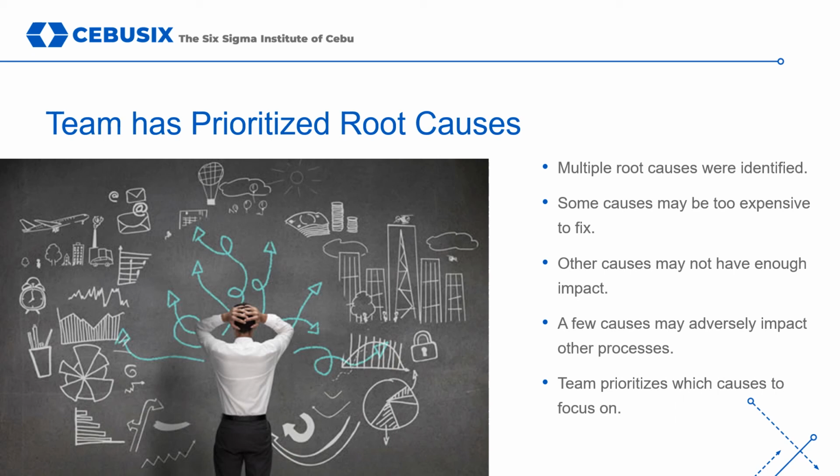Sometimes, an improvement in one process will be detrimental to another process further down the line. Because of project scope and the need for results, we want to prioritize only one or two root causes that have the most impact on the process we are working to improve, but will not hamper any other processes.